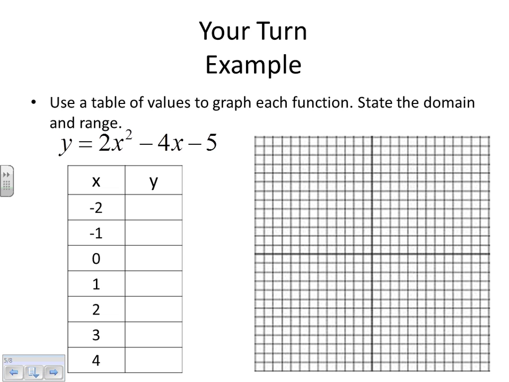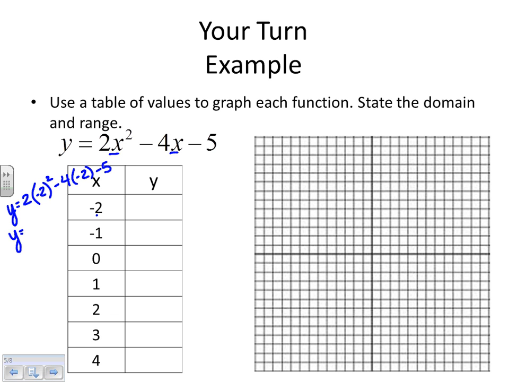Okay, so now you were supposed to take this negative 2 and plug it in for every x in here. I'll do the first one for you and then I'll just fill in the chart. So we've got y equals 2 times negative 2 squared minus 4 times negative 2 minus 5.